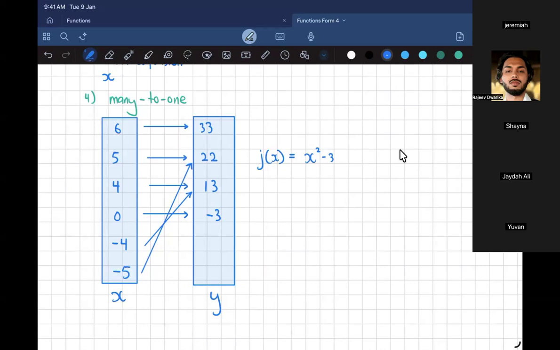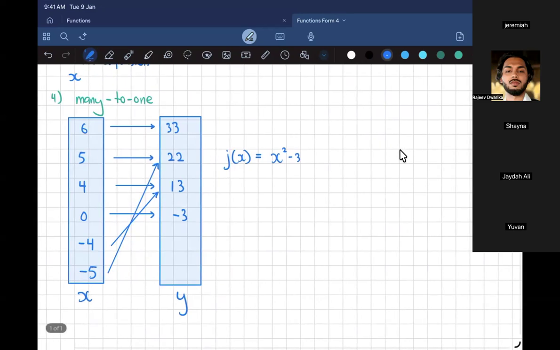Great. So let's just do a couple examples. Now, when you are doing a functions question, and they give it to you in this notation, what you are going to do is replace the x value with the one you have. So Jada, let's start with 6. If the x value here is 6, the proper way to write it will be j of what?